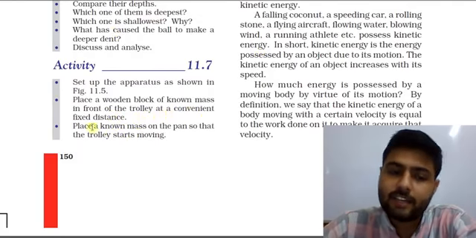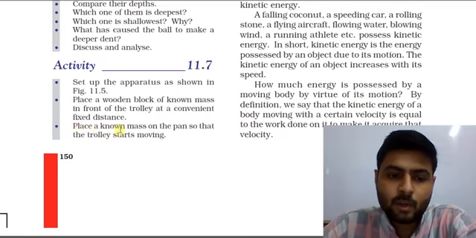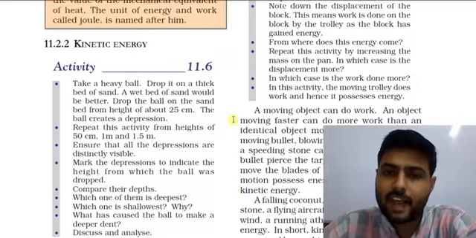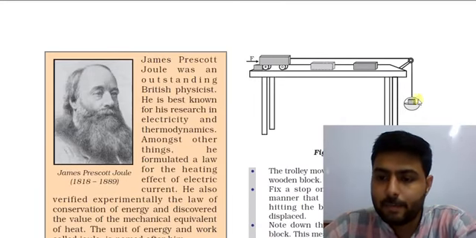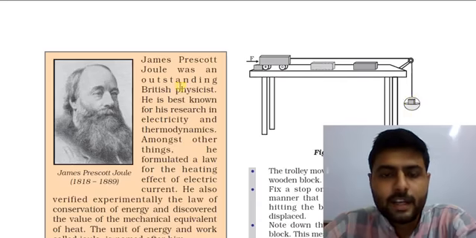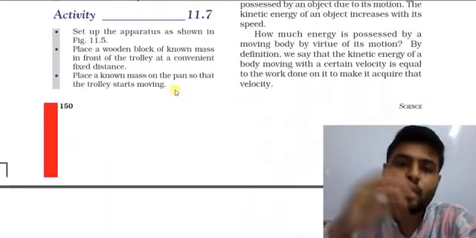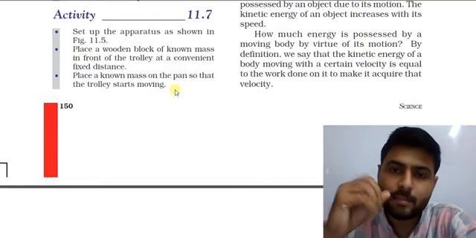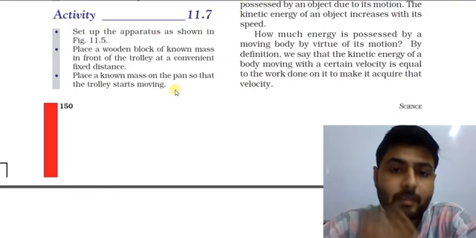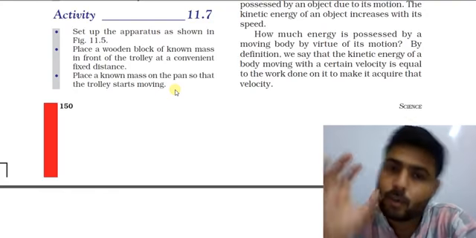In front of the trolley at a convenient distance, place a known mass on the pan. We have the pan here. In this pan, we put a known mass of 500 gram, 1 kg, 2 kg, 200 gram, 300 gram, depending on the weight of the trolley.